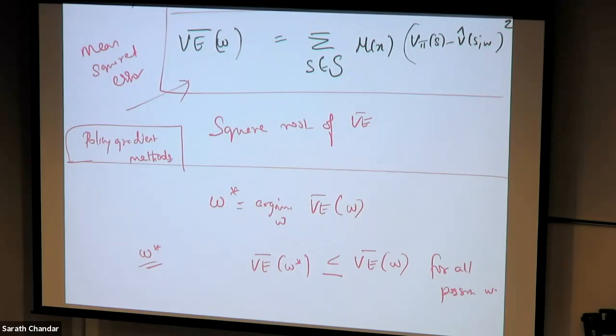Now, for the class of simple linear models that we are considering today, we can actually reach this global minimum or global optimum.